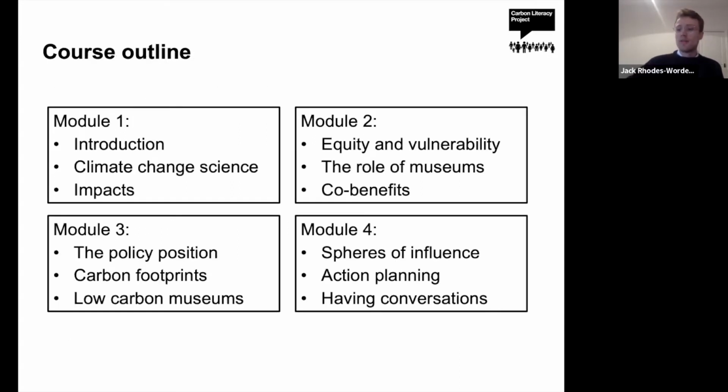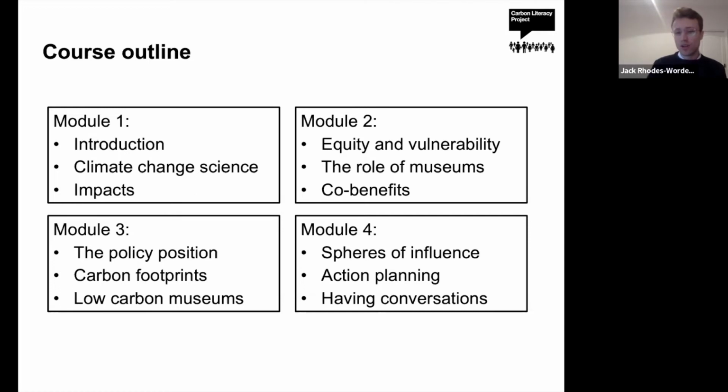So just thinking a little bit now about the course outline, what's included in each of the modules, what will your staff learn? So in module 1, we'll look at climate change science and the impacts of climate change on the UK and on museums. In module 2, learners will think about the role of museums in taking climate action and how they can play a part in creating a more sustainable and equitable future.